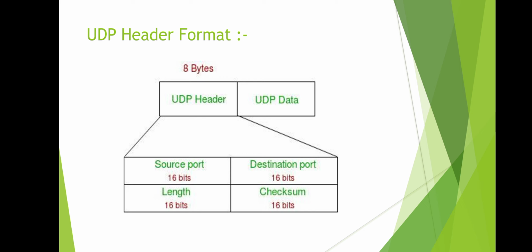And length, it is a 16-bit field, and it is used for the length of the header and data. And next one is the checksum, a 16-bit field, used for error checking of the header and data. Also it is error detection, and it will verify the packets.